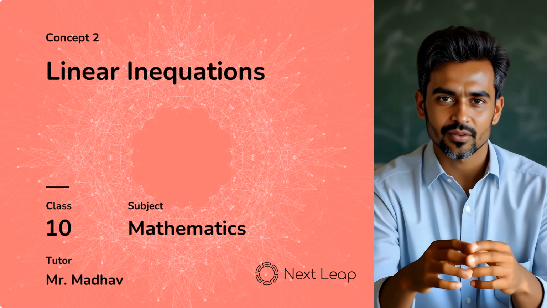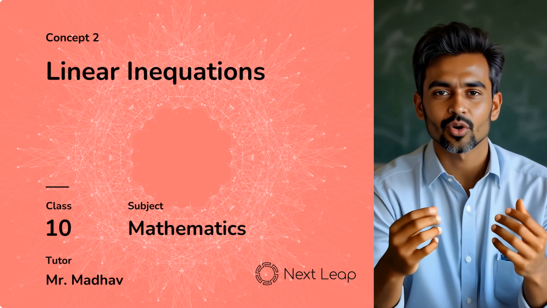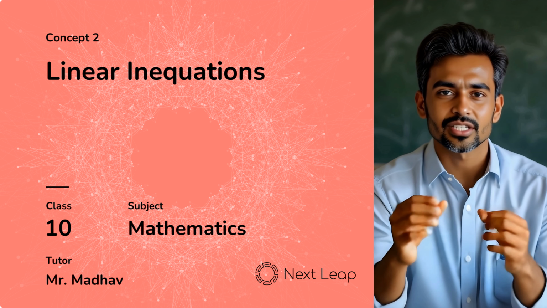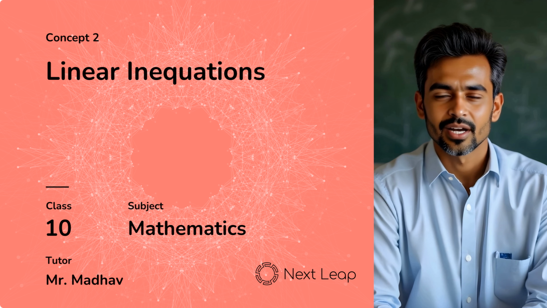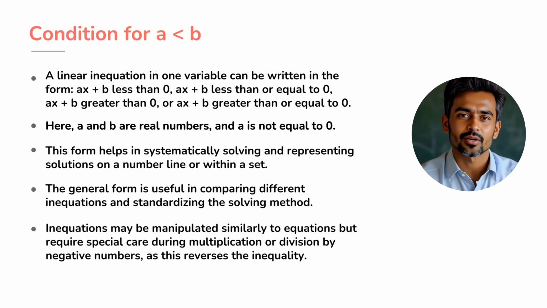In this chapter, we'll learn how to handle such comparisons algebraically, solve inequalities in one variable, and express their solution using set notation or on a number line. Let's dive in.